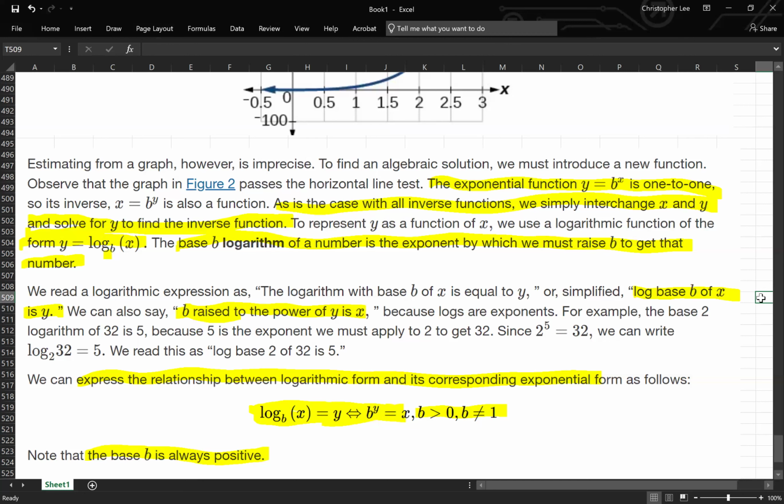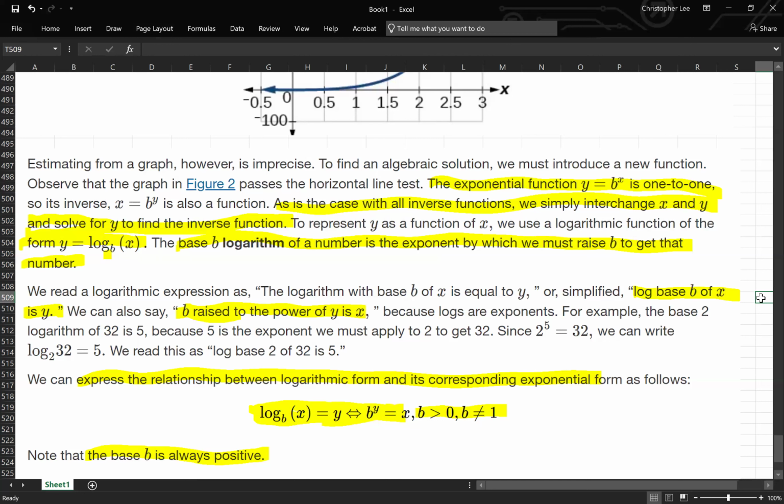We also say b raised to the power of y is x because logs are exponents, right? For example, the base 2 logarithm of 32 is 5 because 5 is the exponent we must apply to 2 to get 32. Since 2 to the 5th power is equal to 32, we can write log base 2 of 32 is equal to 5. We read this as log base 2 of 32 is 5, right?